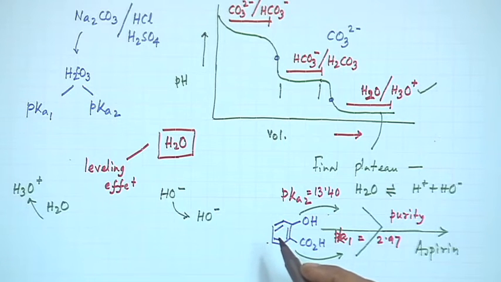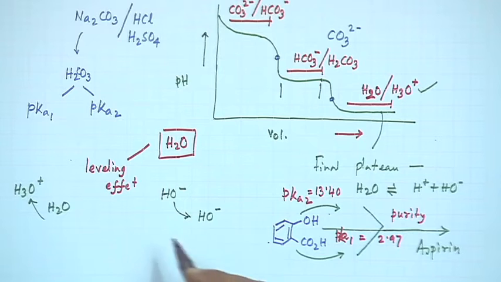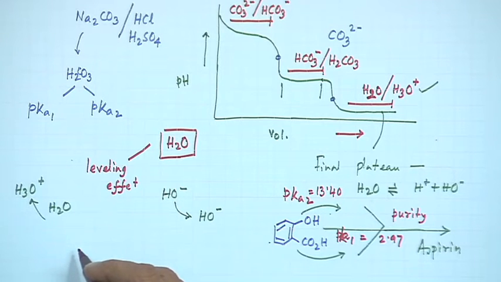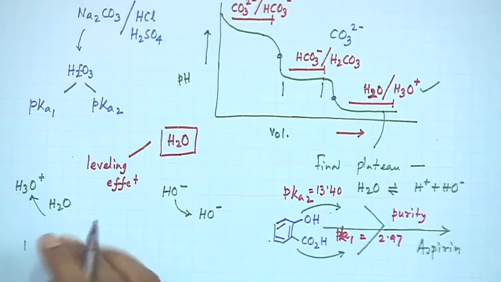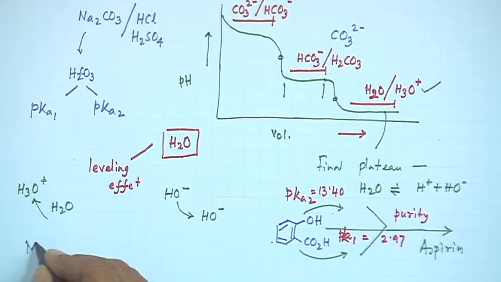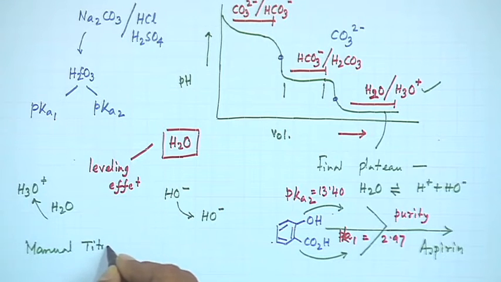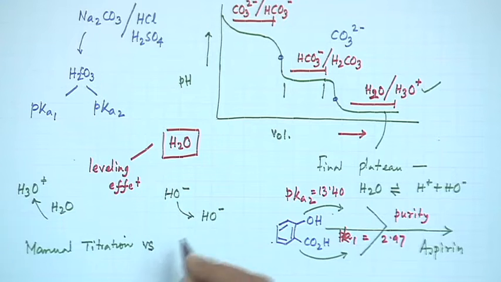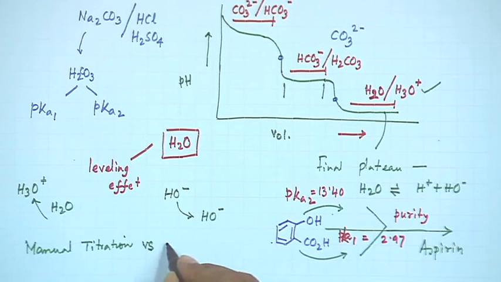So, this is a typical manual titration using burette, pipette and conical flask, but always there will be a competition between manual titration versus instrumental methods.